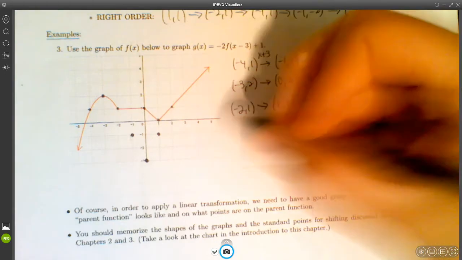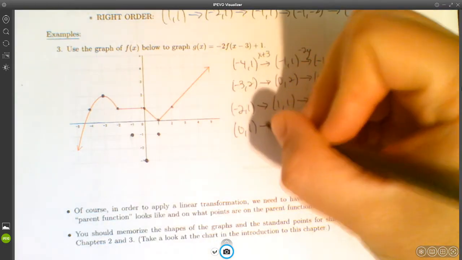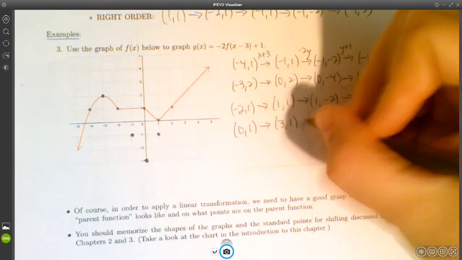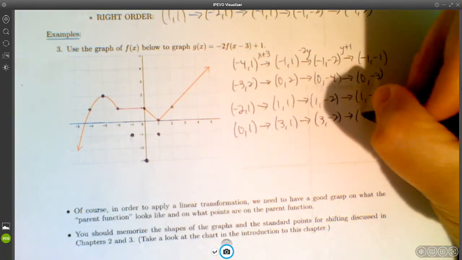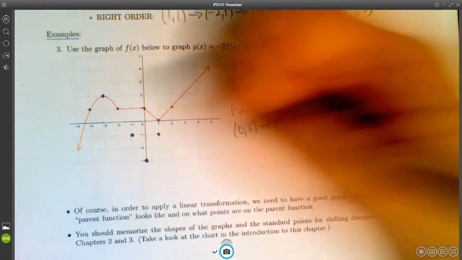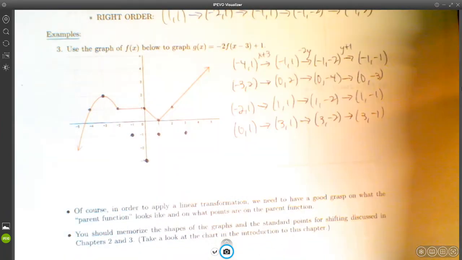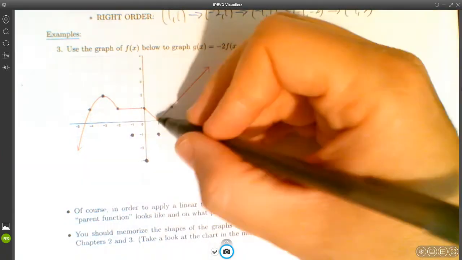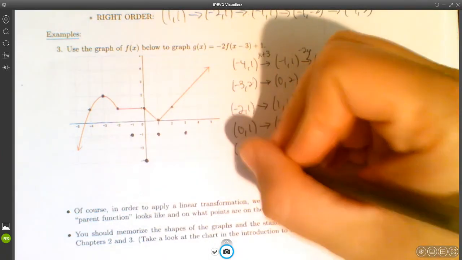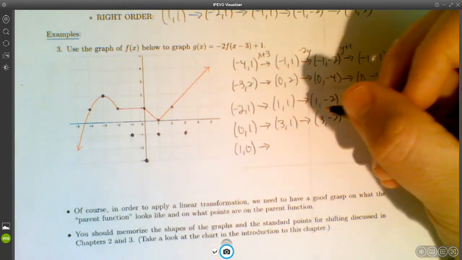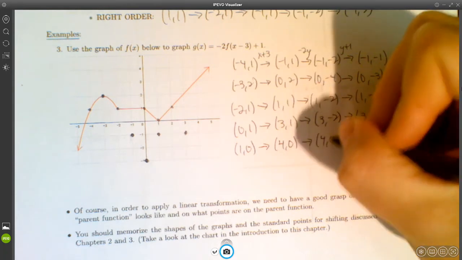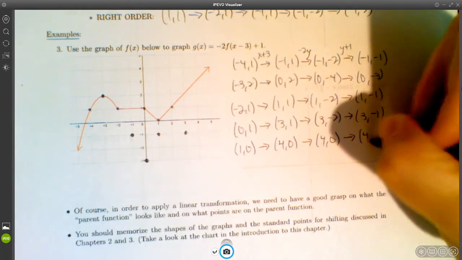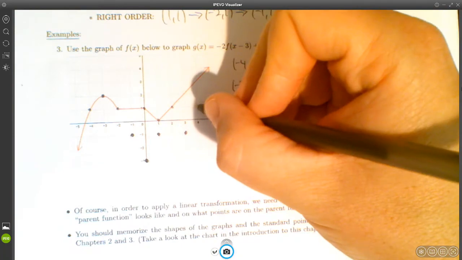Let's see where 0, 1 ends up. I'm going to add 3, multiply by -2, and add 1. So 3, -1. I'm going to end up off the graph probably. 1, 0. Where does that end up? Add 3, multiply by -2, add 1. So that ends up at 4, 1.